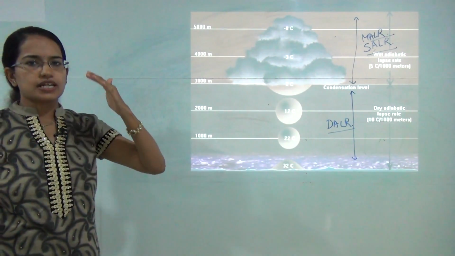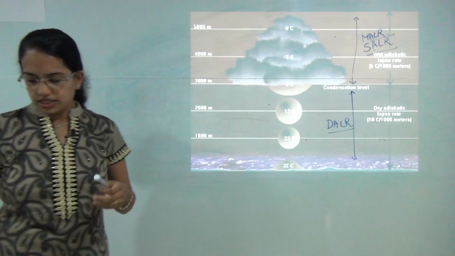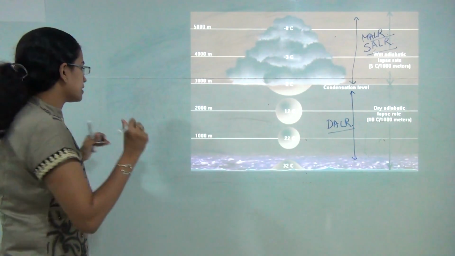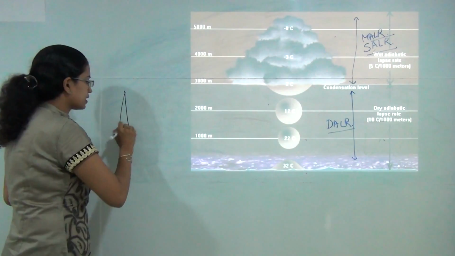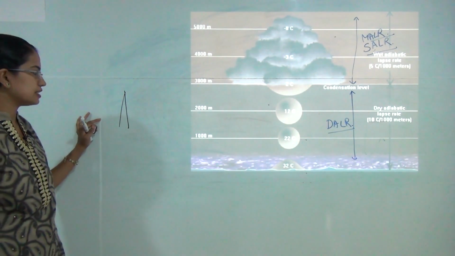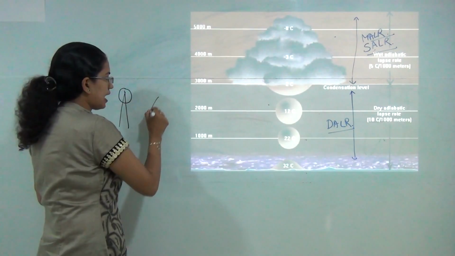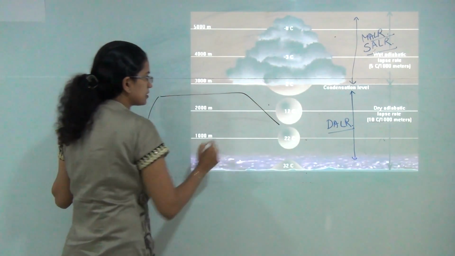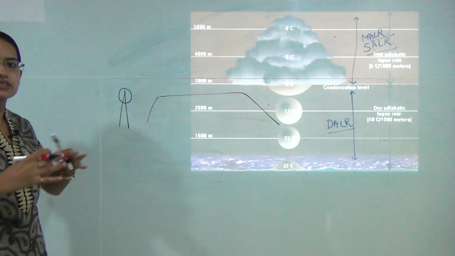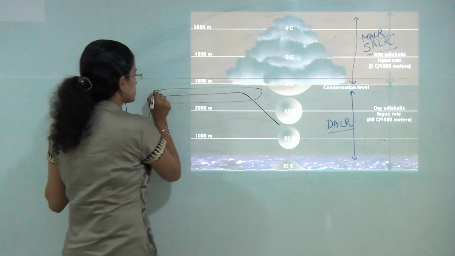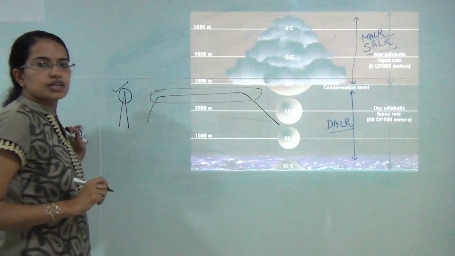lapse rates are much steeper in isolated mountains as compared to huge mountain ranges, because if I have a steep mountain here, this would be a heat source, but I have another mountain or plateau here which is much more extensive. So this would be a much bigger heat source as compared to this mountain.